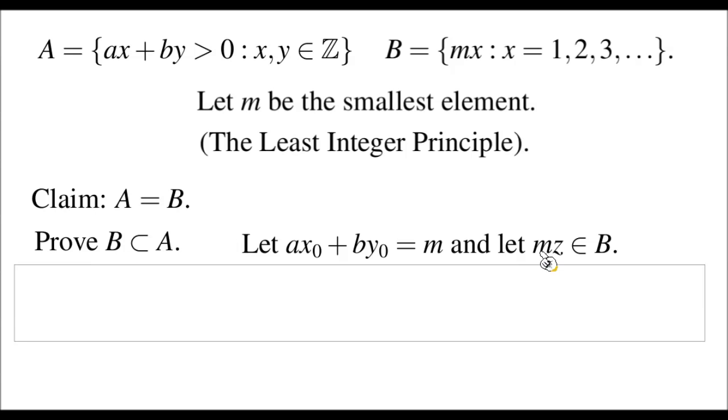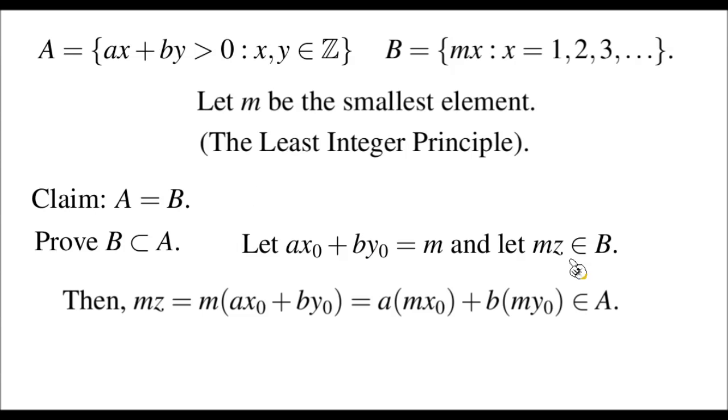Of course, you replace this m with this expression I have in here, and we can rewrite this expression. So here it is, mz, an arbitrary element in B, m times this particular expression in here. So we can rearrange it as a times some integer plus b times some integer.